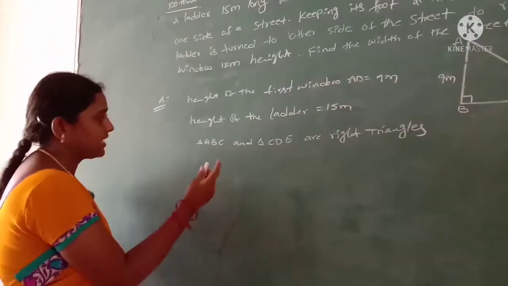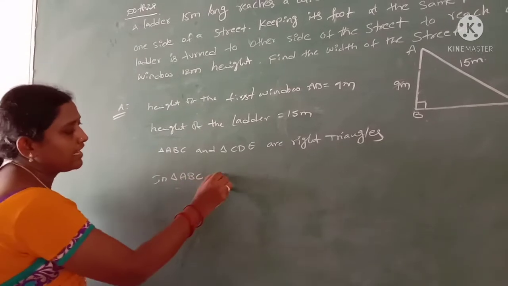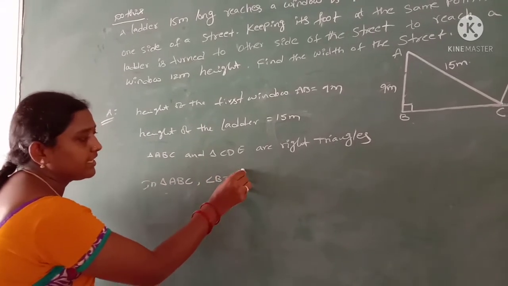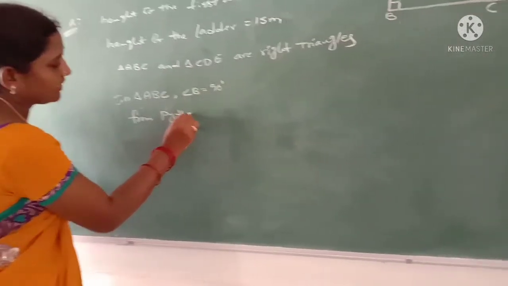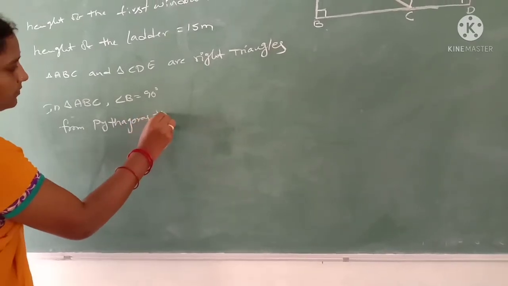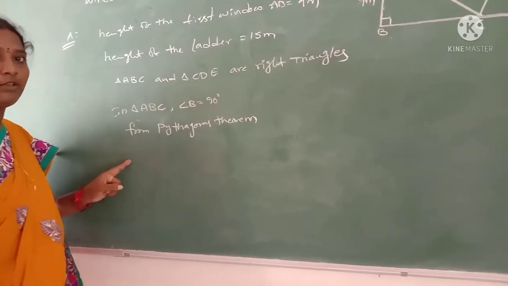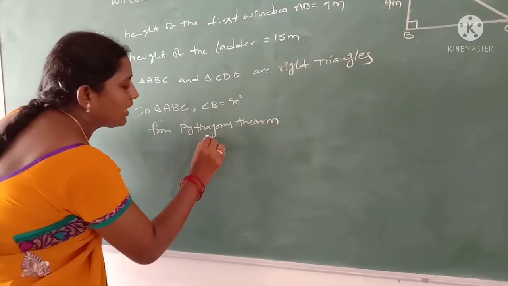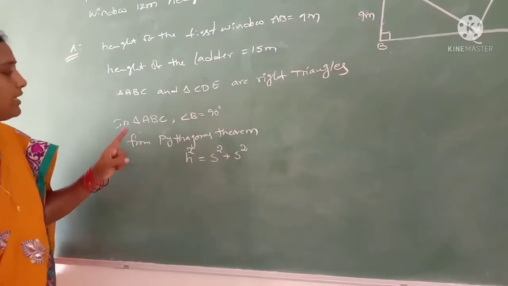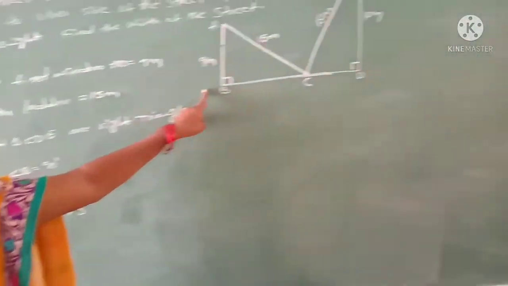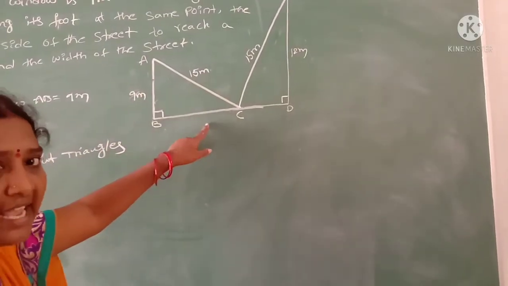First we take triangle ABC. In triangle ABC, angle B equals 90 degrees. From the Pythagoras theorem, what is the Pythagoras theorem? Hypotenuse square equals side square plus side square. In triangle ABC, AC is the hypotenuse and AB and BC are the other two sides.